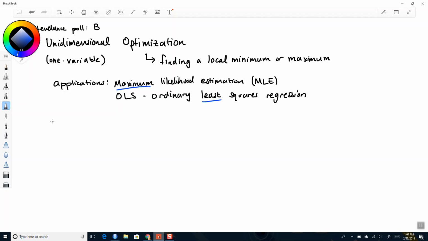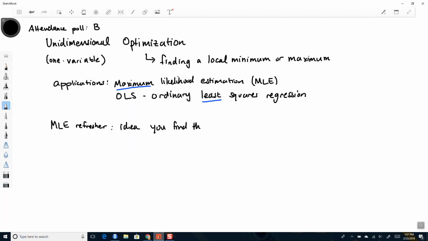So MLE, just a quick MLE refresher. You guys groaned when I asked that question. The idea is you find the likelihood function of your data, okay? And your likelihood function is a function of the parameter, right?